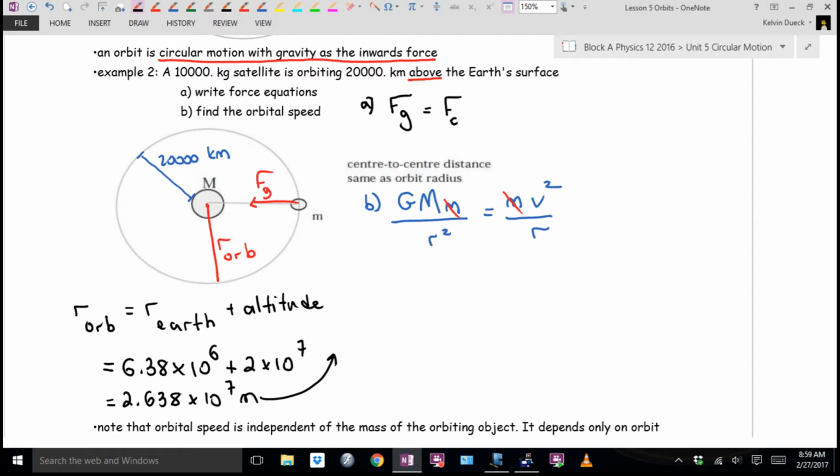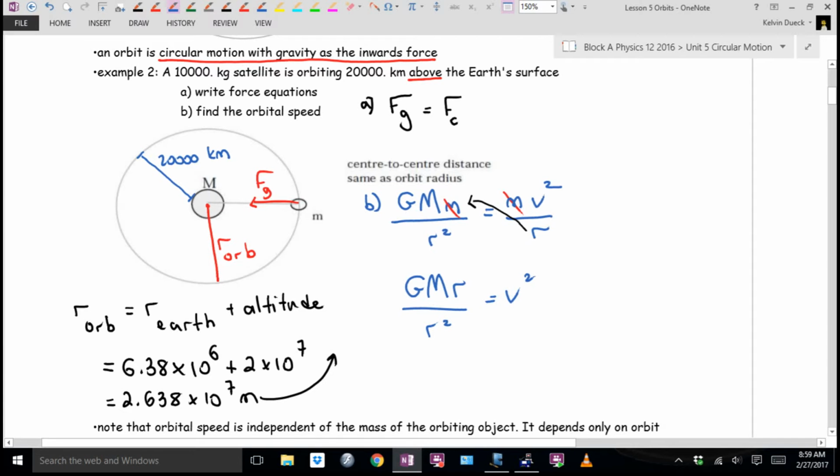Now, how would I get the V by itself? What will I do with that R on the right-hand side? When you do that, you're going to get an R up there. So you'll end up with big G, big M, R over R squared, that equals V squared.